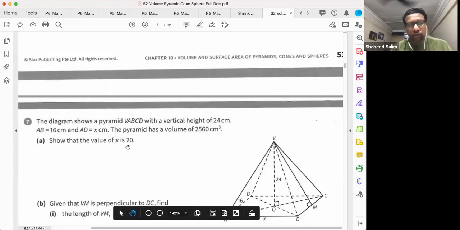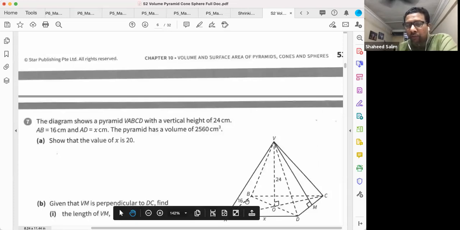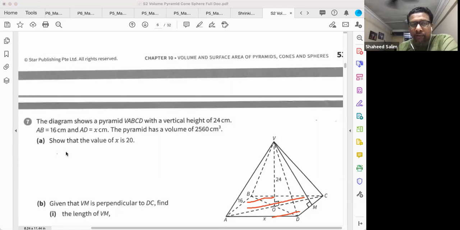Can you all get 20 now? Those of you who can't, very simple, you write down the formula. What's the formula for volume? You write the formula for volume is length times breadth, 16 times x, and then times the height, times 24.